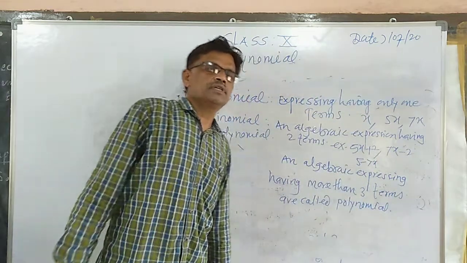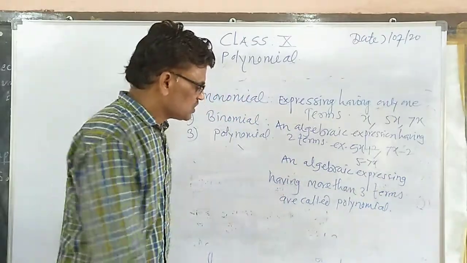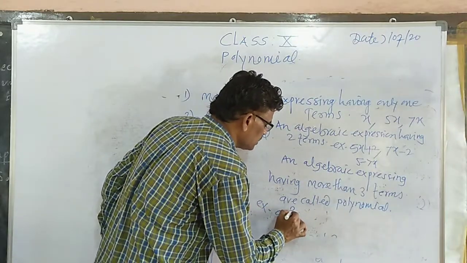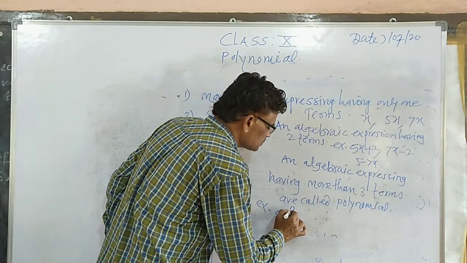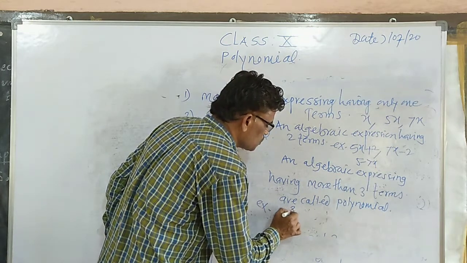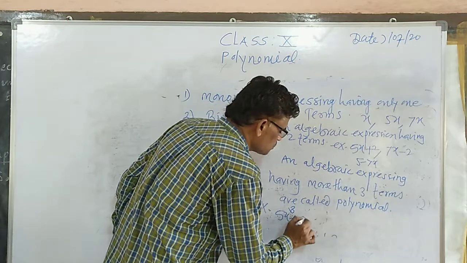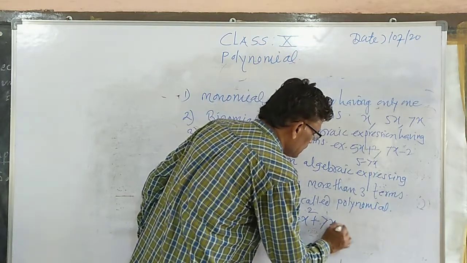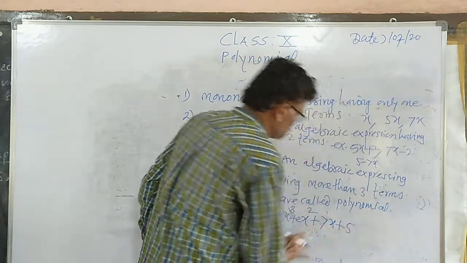Then you see here the example of a polynomial, that is 5x cube, 2x square, 7x plus 5.